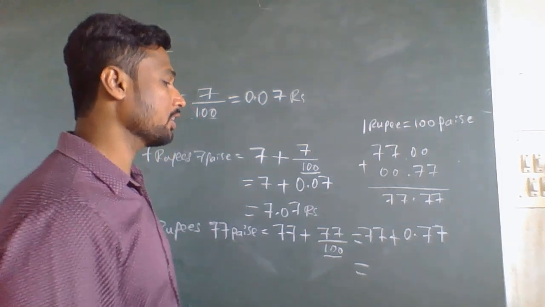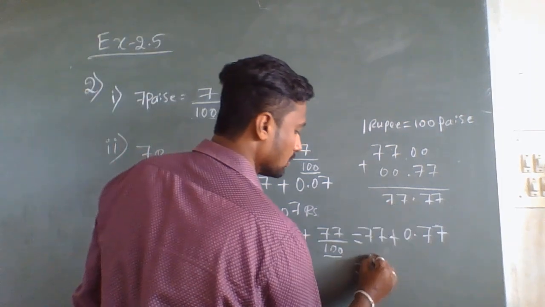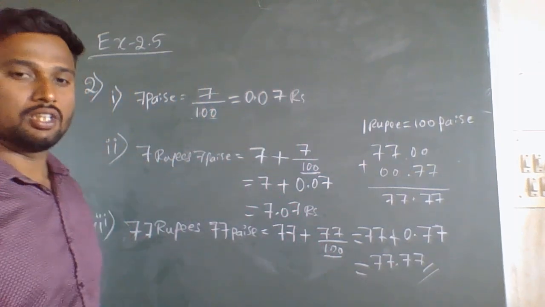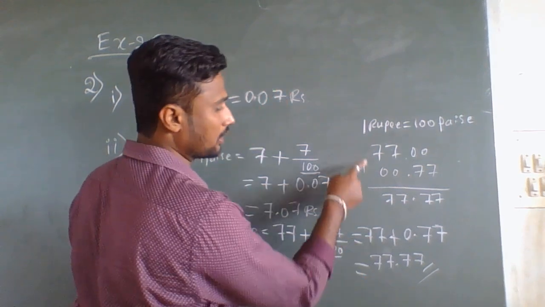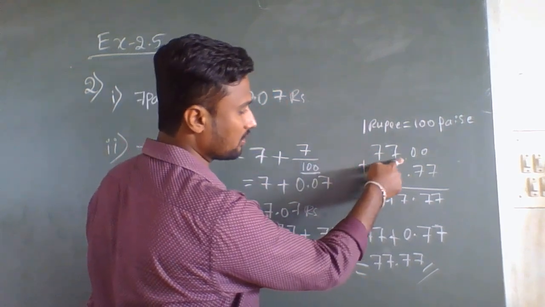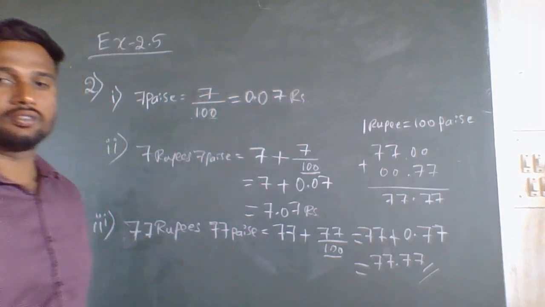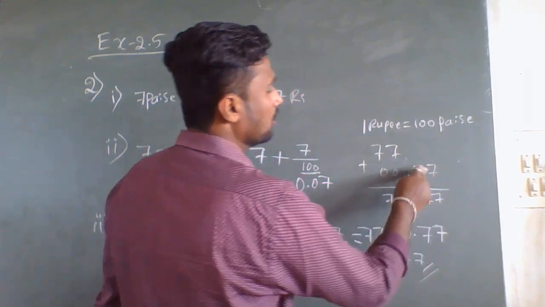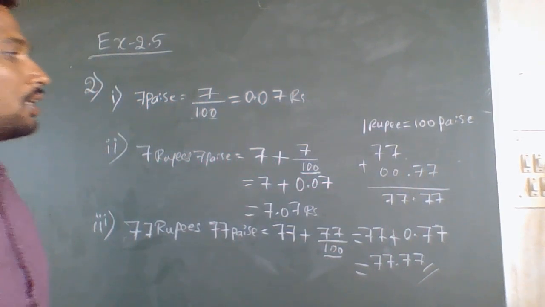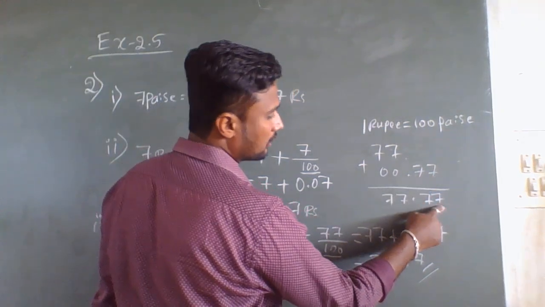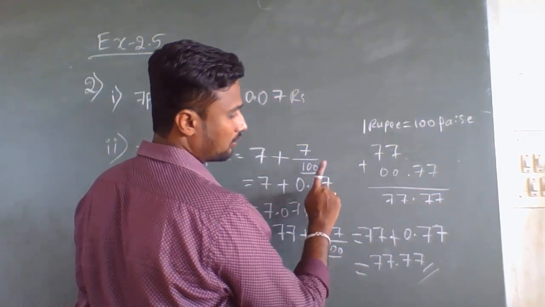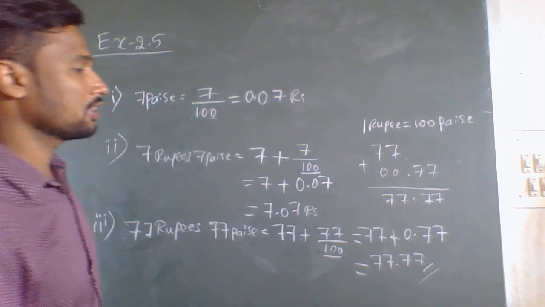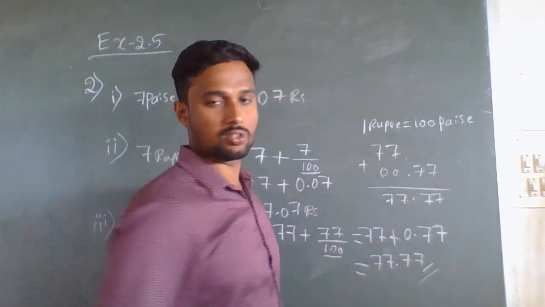So we got 77.77. If you write 77 directly, also no problem, or you can consider it as 77.00.